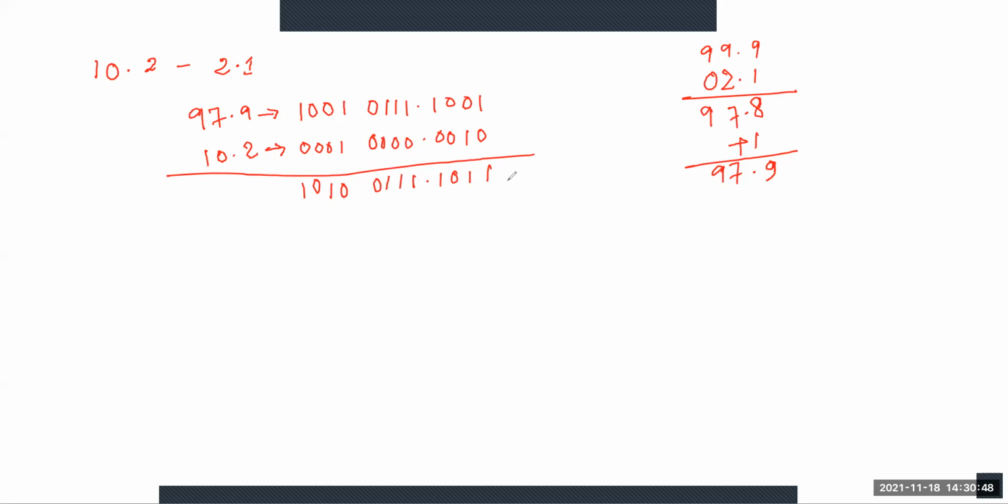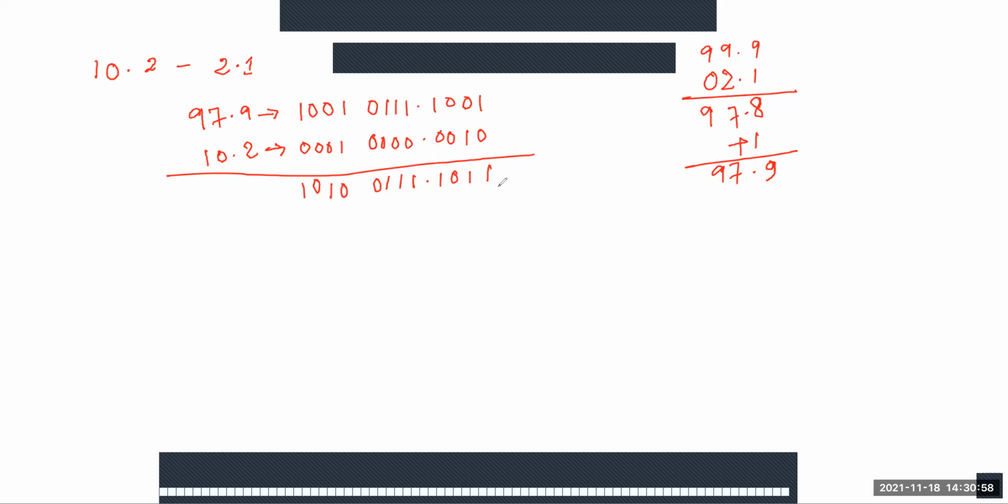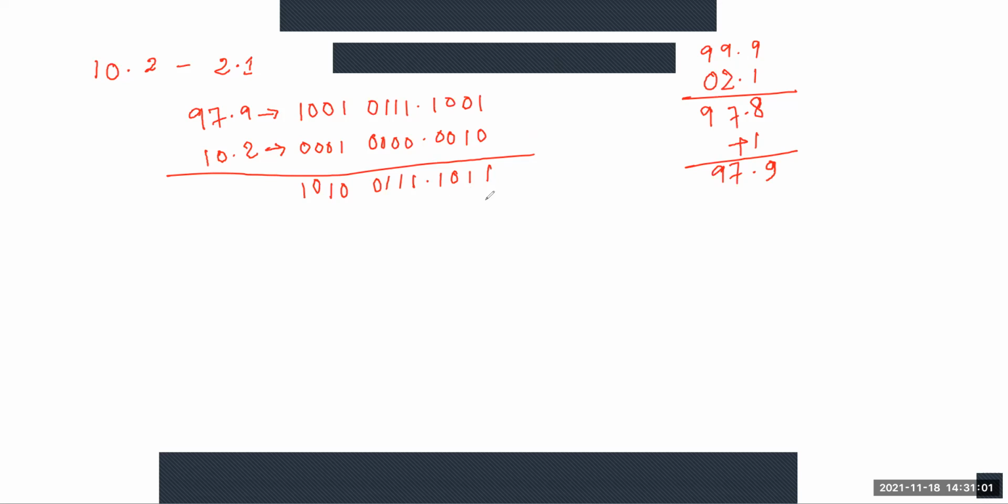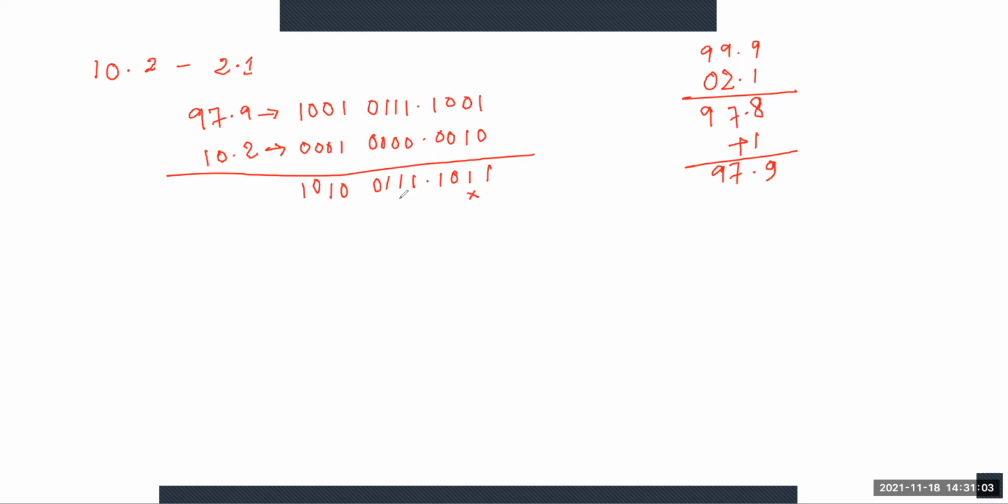Here you can see this is 8 plus 2 plus 1, so this is 11 and it is greater than 9, so this is invalid BCD. The next is valid, and this is also invalid, this is 10, so this is also invalid. To convert from invalid to valid BCD, the next step is that we will add 6 in the form of BCD.